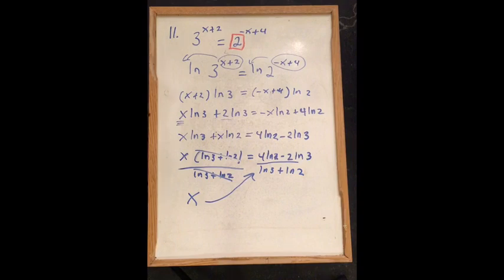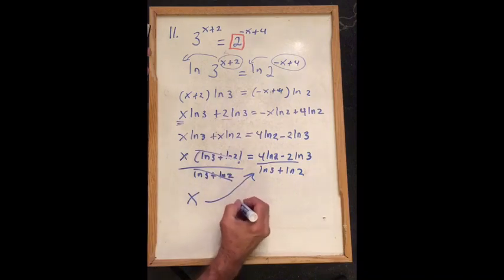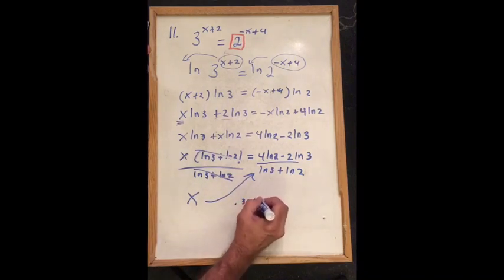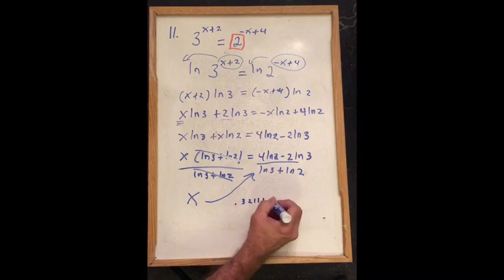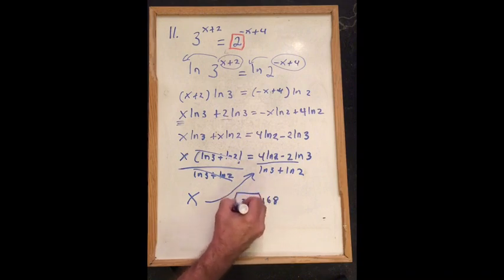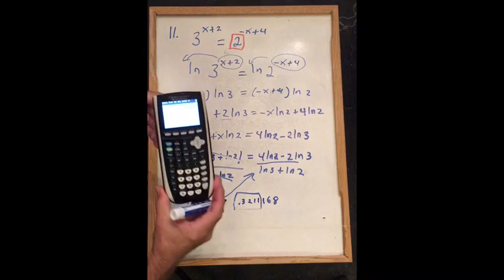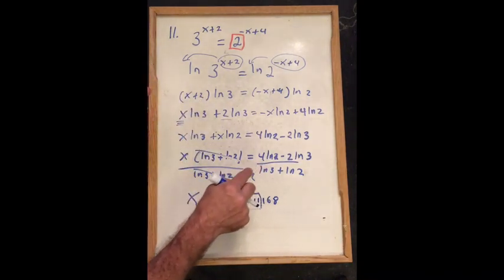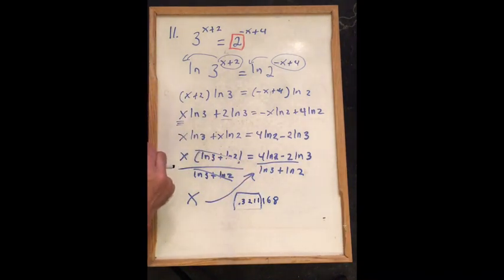Close parentheses to get 0.3211168. You can just bring it to, say, 4 decimal places. In this case, it'll be fine. Okay, so that's 0.3211, all done inside my calculator. Don't forget to use parentheses where you have to.